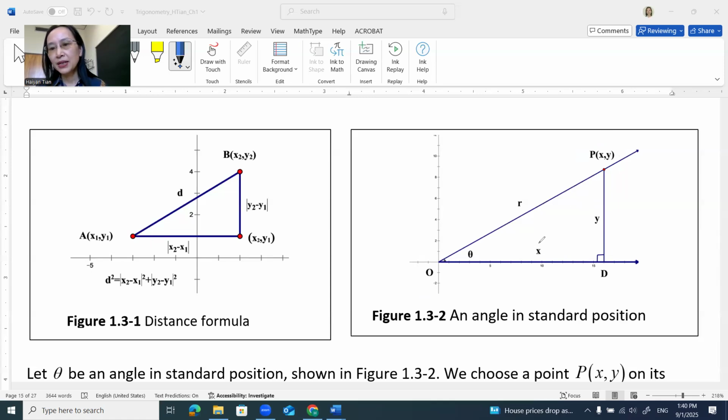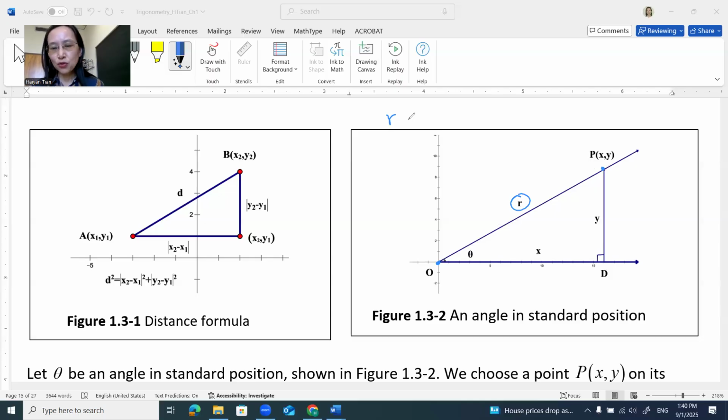From that point, I know this is the x, the value of the x coordinate, and this is the y, the value of the y coordinate of the point. And we also know the hypotenuse. The hypotenuse is the distance between the origin and the point P.